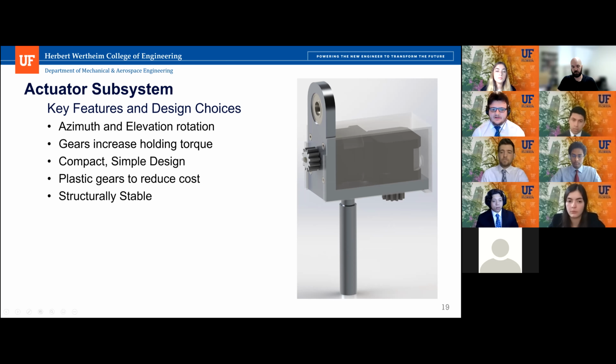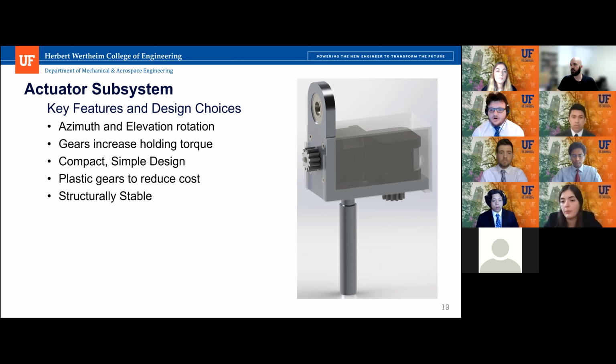We need to have our gears be able to hold the reflector stable in the winds of Las Vegas, because ultimately what's going to fail first is what's going to affect the design's ability to perform: it being full of errors, it moving, it basically deviating from what it's supposed to do. So we have gears that increase the basic holding torque of the motors to a capability that is respectable enough to handle the wind forces in the environment.